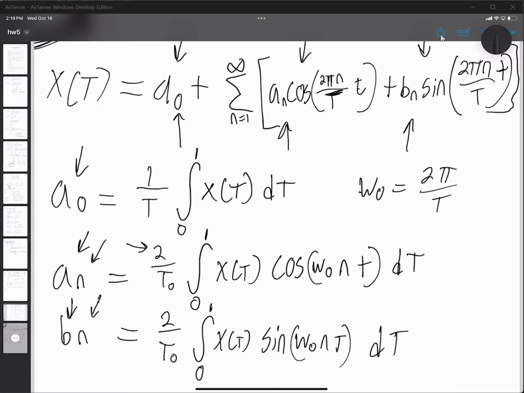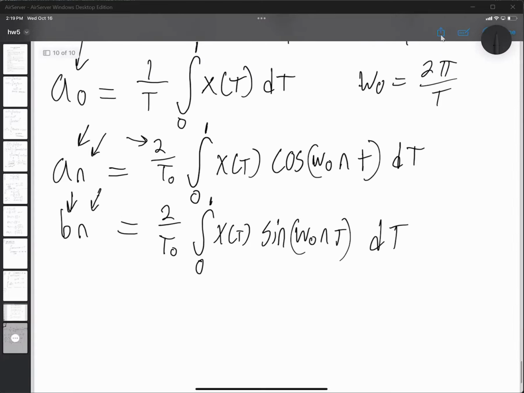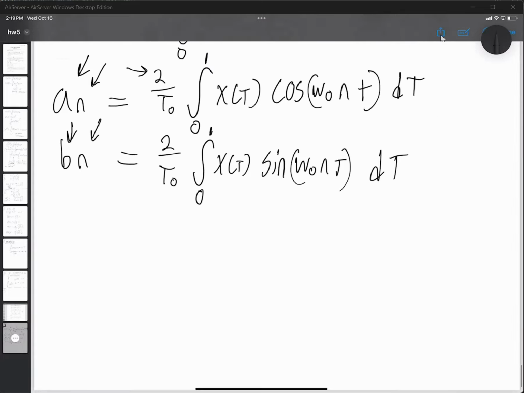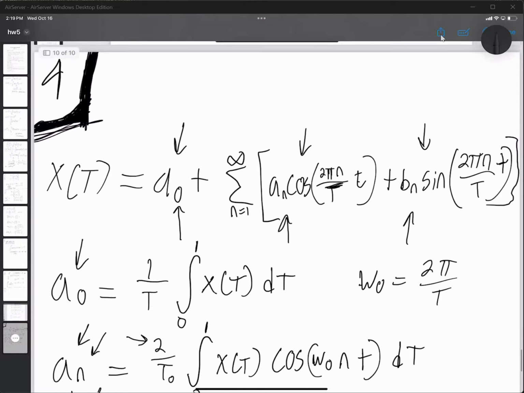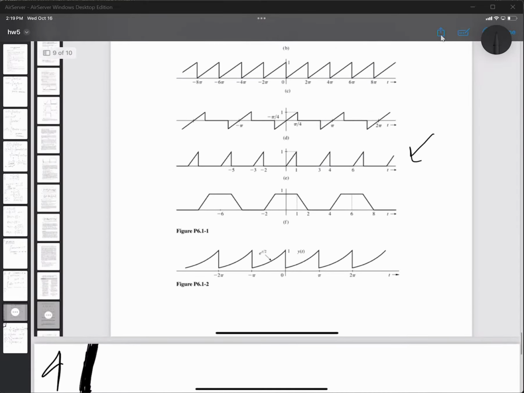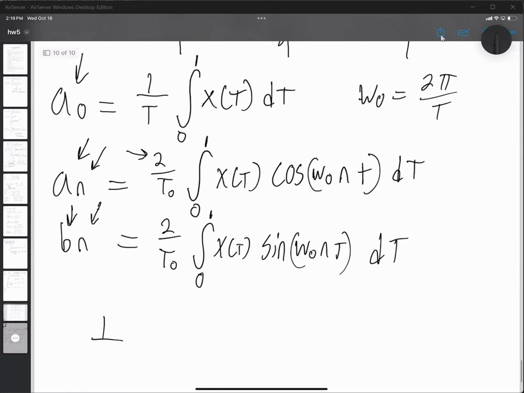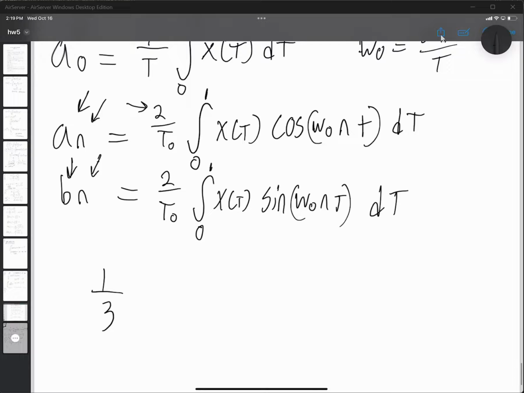That's it. So now let's solve these equations. First, let's solve for a0. So 1 over, well, what's the period of this function? To get from one point to another, you go from 0 to 3, so the period is 3. Integral of x of t.